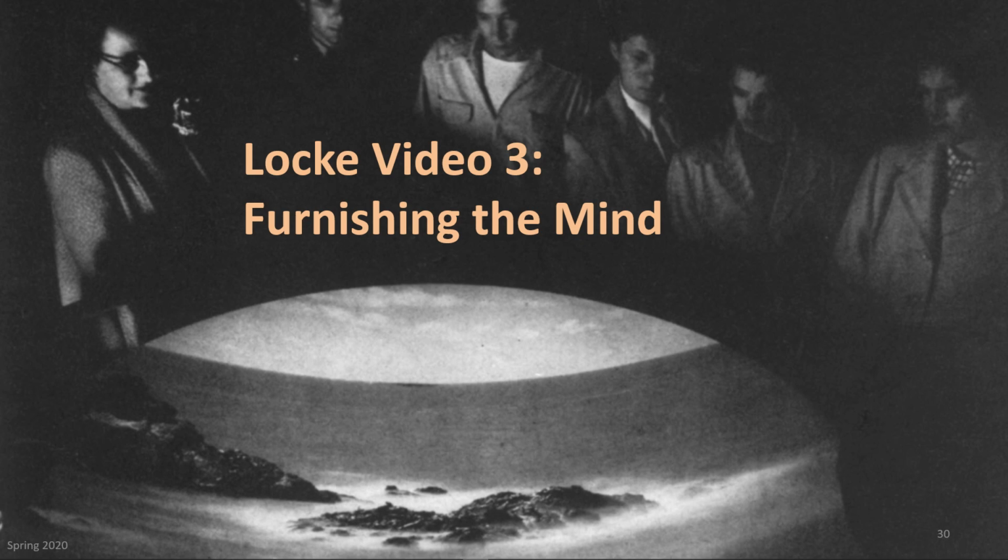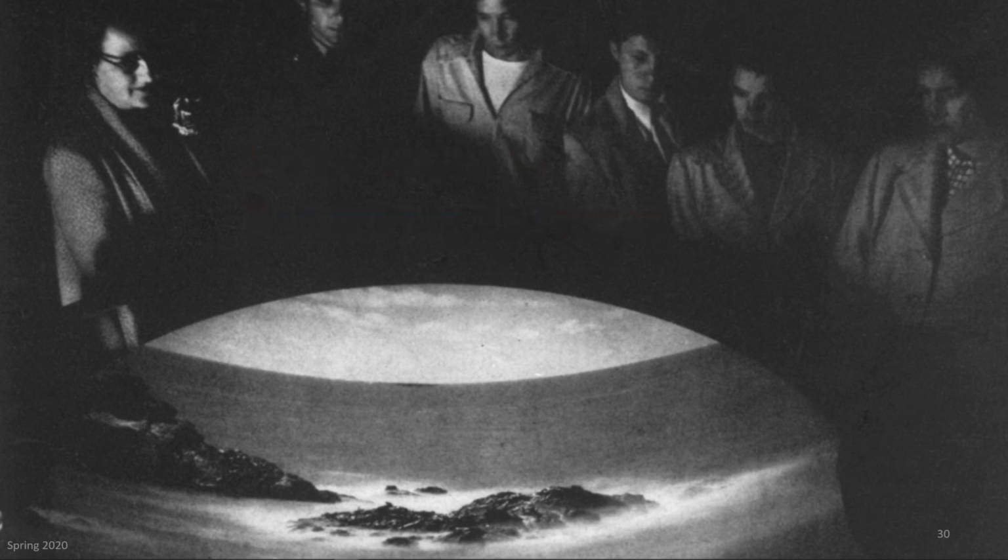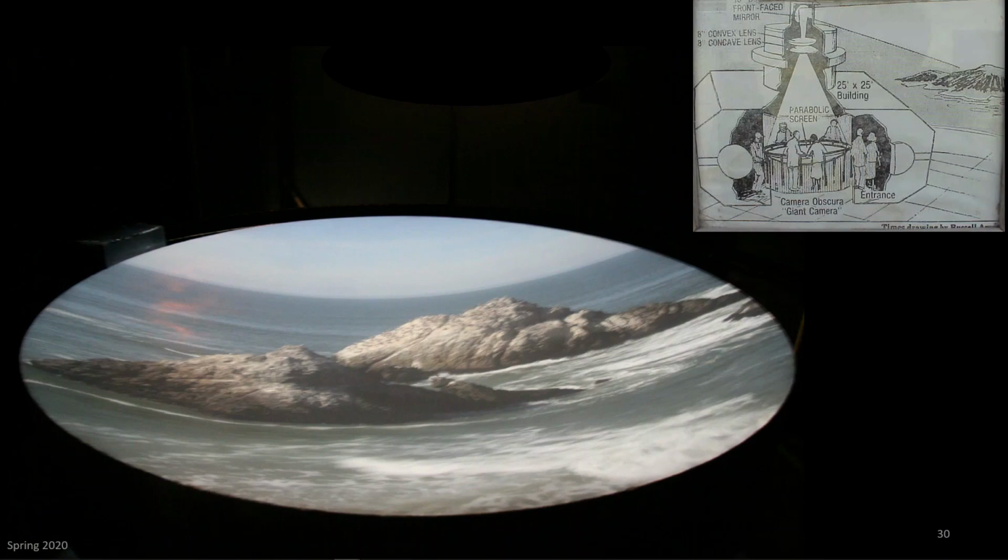How is the mind furnished? What we see here in this picture is some people looking at an image created in a camera obscura, where the light comes into a darkened room. And here's another image of the same camera obscura. This is in San Francisco.